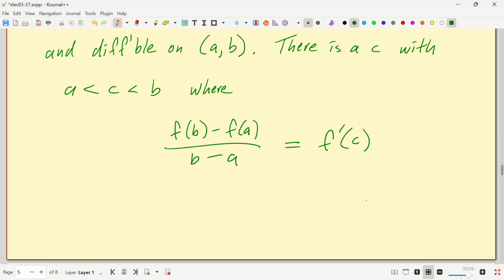And that would say at some point during the drive, you're going exactly your average speed. So the mean here is the average speed, well, let's say average velocity, and this is the instantaneous velocity.